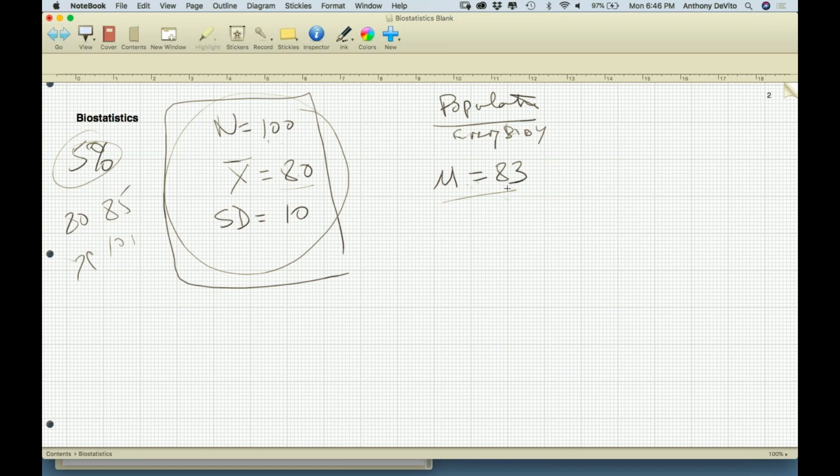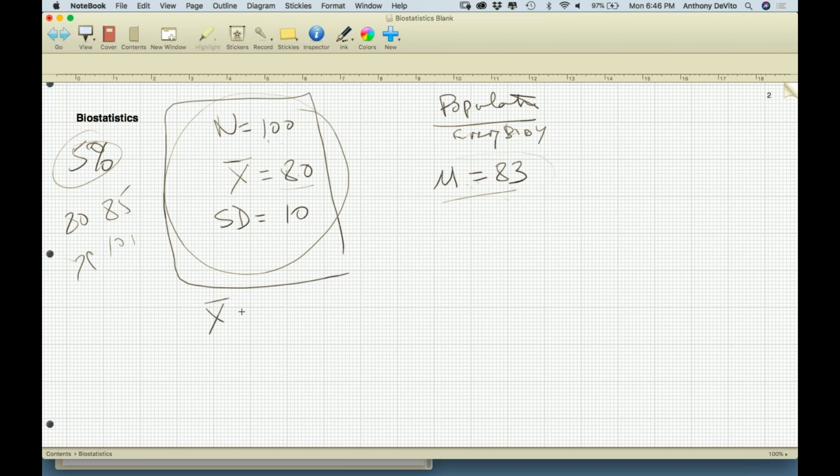So I'm going to create a 95% confidence interval, and I'm going to assume that I didn't start out knowing whether it was going to be more or less than 83.